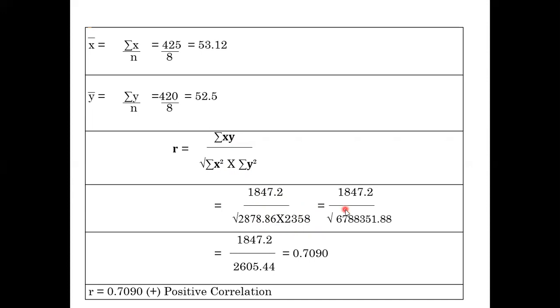So after putting them in and calculating, it is equal to 1847.2 divided by root of 6788351.88. Multiply these two values and put whatever you get. Then the next step: you have to write 1847.2 divided by, if you take the square root, you will get 2605.44. Okay, you divide this value by this value, and you will get 0.7090.